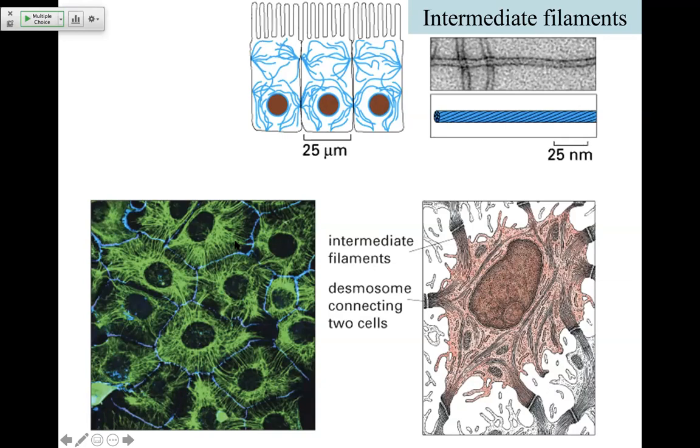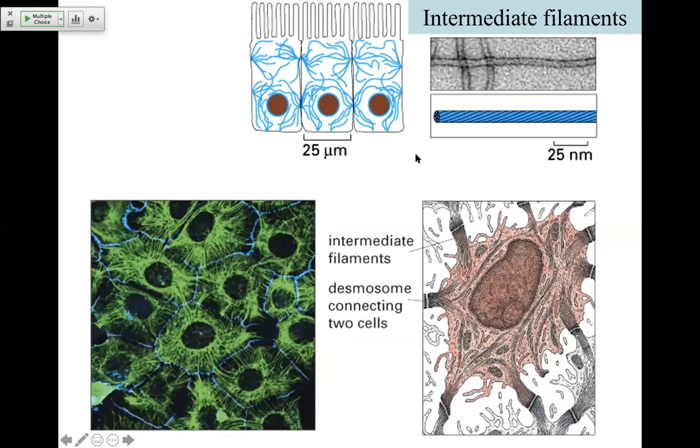And we can see that in some places, it looks like the intermediate filaments of one cell are in contact with the intermediate filaments of another cell. This is one way that cells will be linked to each other, through a junction that we call a desmosome. And that's what we see on this drawing here. We'll look at desmosomes in a little bit more detail a little later.